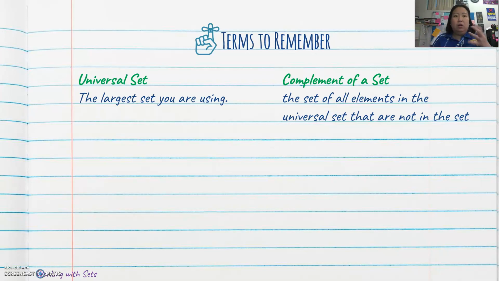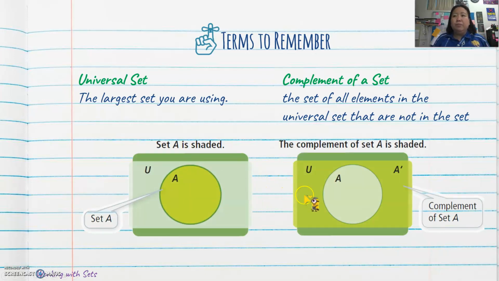Okay, so complements of a set, if we're going to visualize it, let's say this is our universal set. The rectangle is our universal set, and anything inside the circle is your set A. So when we talk about the complement of set A, it is any element that is not inside this circle.